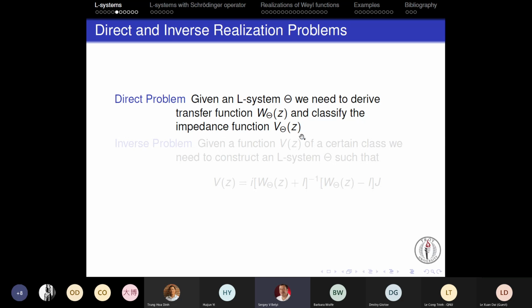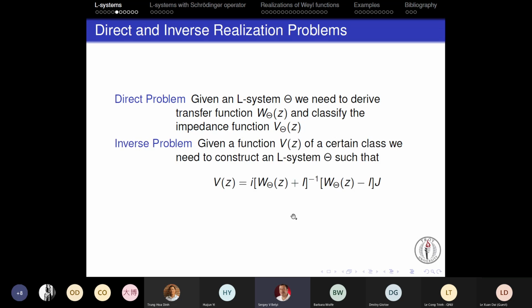In a way, impedance functions are a little bit better objects than transfer functions themselves because they are holomorphic and they possess certain properties, but we'll talk about it later. So this is the direct problem. We have an L system and you're trying to see what the transfer and impedance functions are.